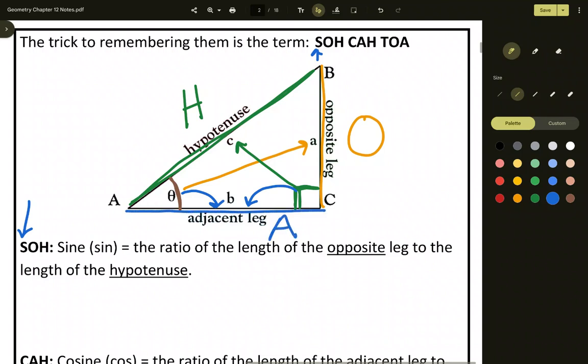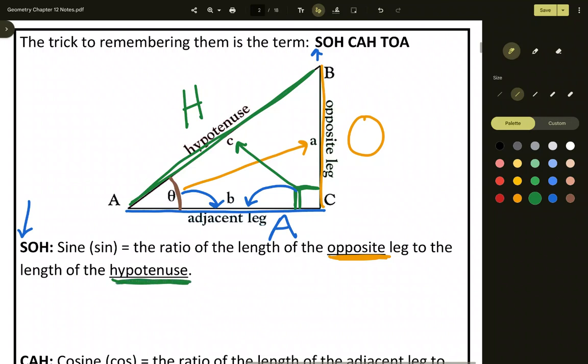Between theta and the 90 degrees, that's the adjacent side. Just like the similar triangles down on the lower left, if we had something to compare them to, like two separate similar triangles, then we could set up our proportion and cross multiply to find the missing part. But if I'm looking for a specific part and I only have one triangle, I can use the sine function to compare the opposite leg to the hypotenuse length, and that creates a ratio.